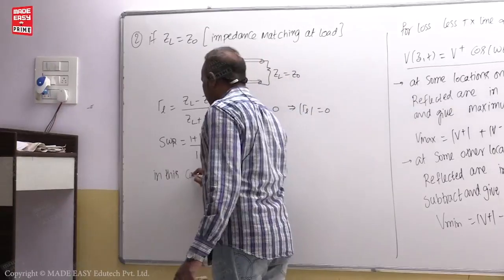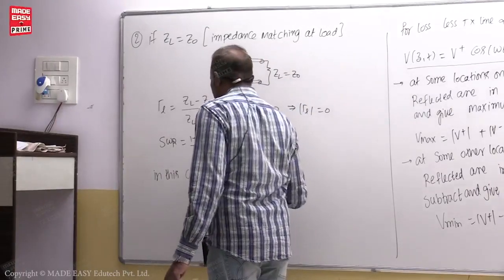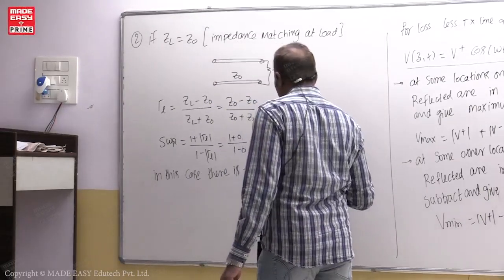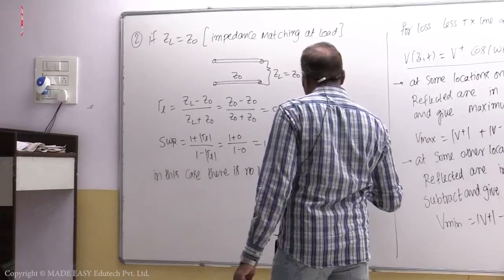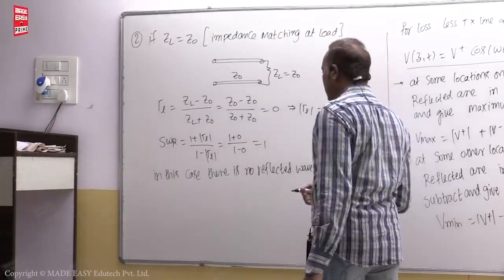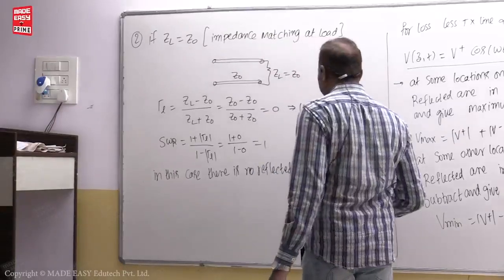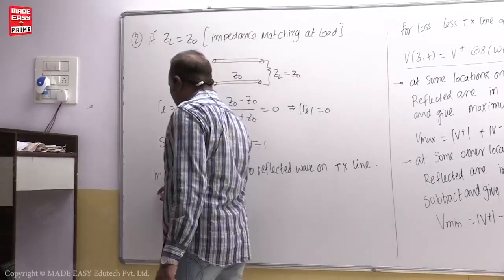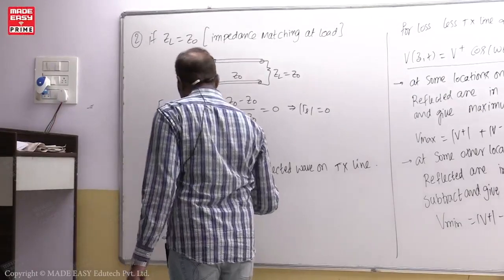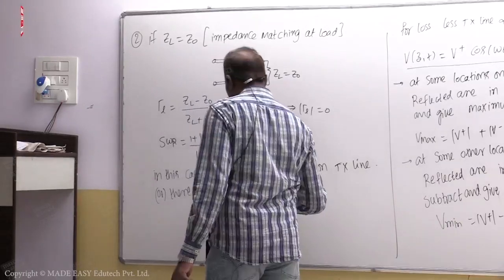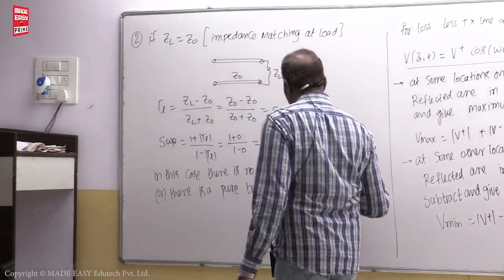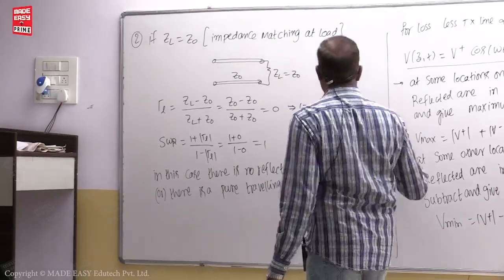So in this case, there is no reflected wave on transmission line, or otherwise there is a pure traveling wave on transmission line.